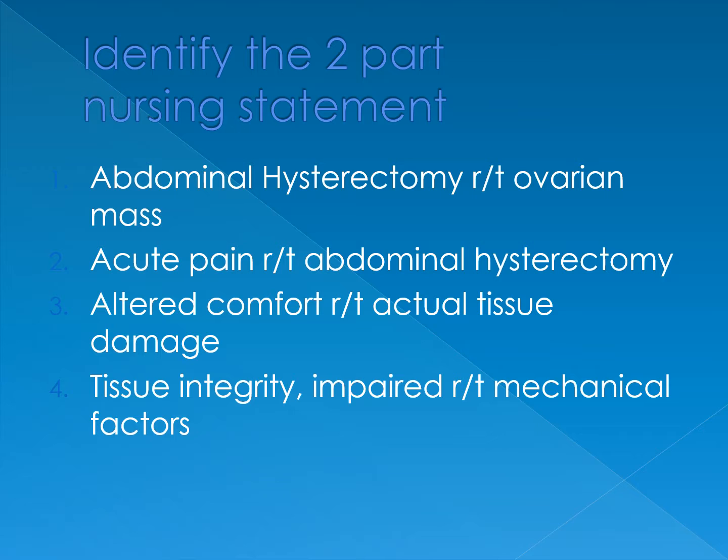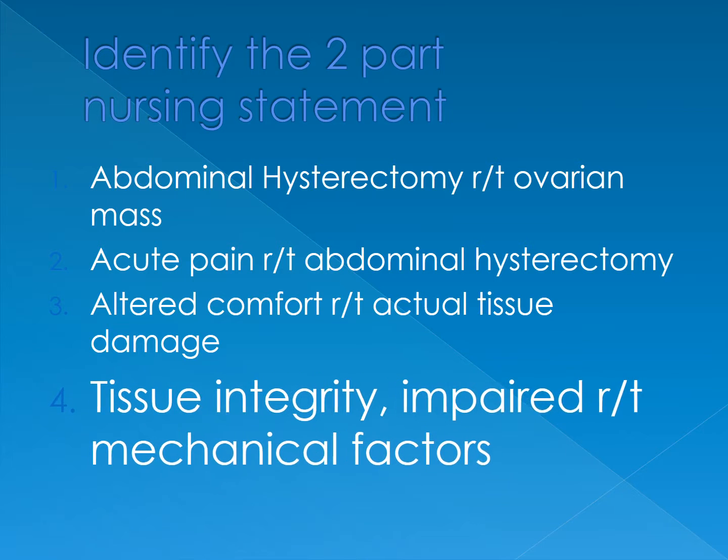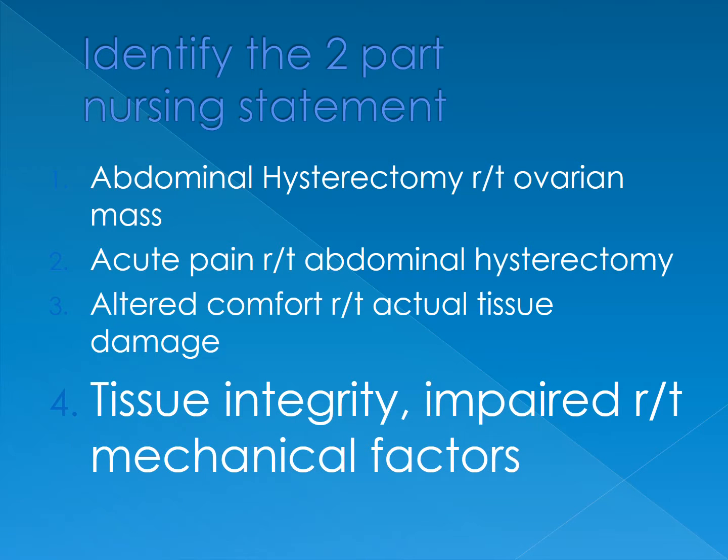So that sounds totally plausible to me, and I can double check it if I'm not real sure, and especially when I'm a new student working, I do need to verify things. So I'm looking here under impaired tissue integrity under related to, and as I look through, I see altered circulation, and here coming down, mechanical factors such as pressure, shearing, and friction. So definitely that would be one that would be true. So there we go. That is the correct one. And I hope that all of you were able to see clearly why one was better than another.